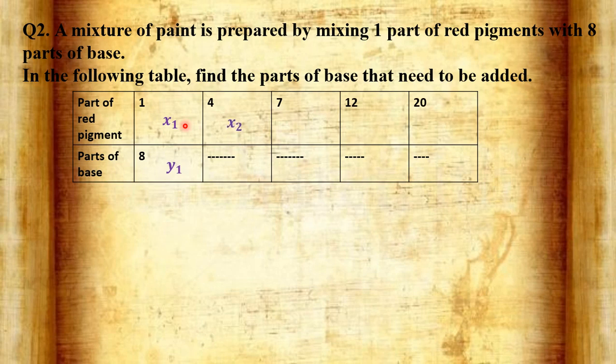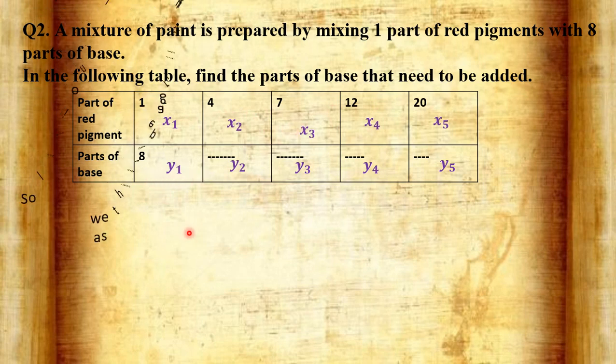Here x2 is equal to 4, y2 we have to find out, x3 is equal to 7, y3 we have to find out, x4 is equal to 12, y4 is unknown, x5 is 20, whereas y5 is unknown. So we have to find y2, y3, y4 and y5, the parts of base, for these red pigments.